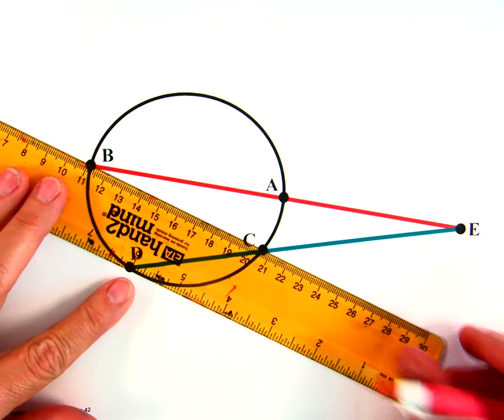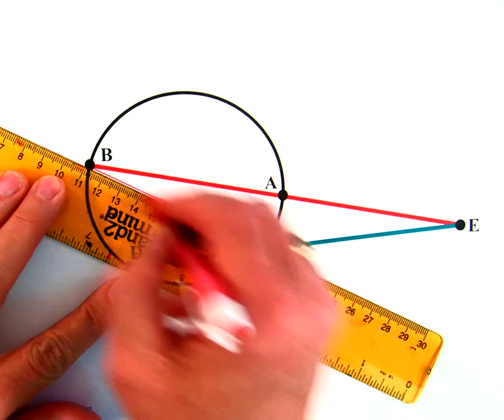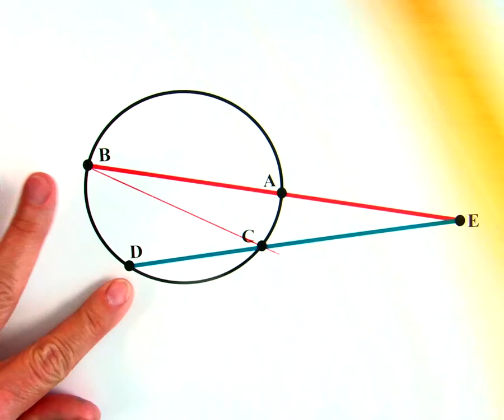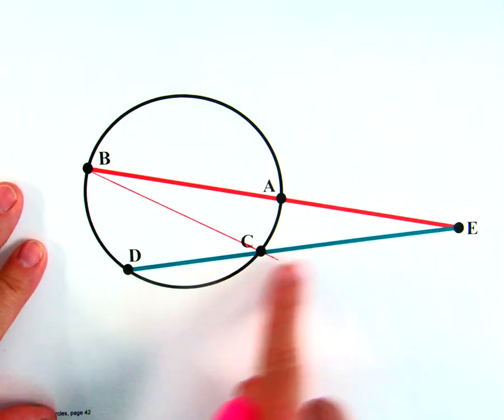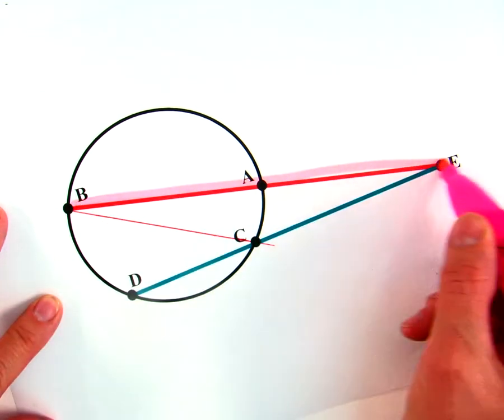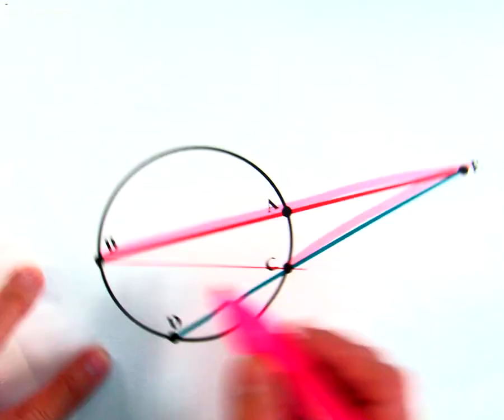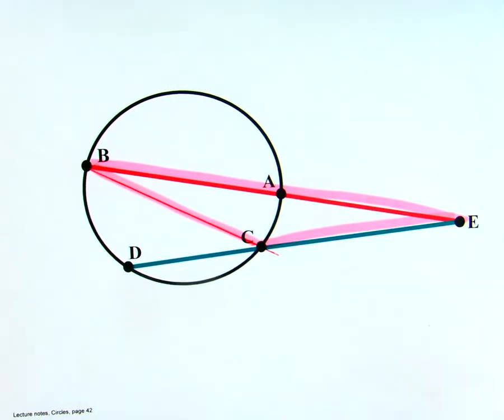So I'll start here. That looks like a triangle. I'm looking at the triangle BEC. So that's going to be the one that comes out here. And I can make one going down the other direction, pretty much the same, but upside down.